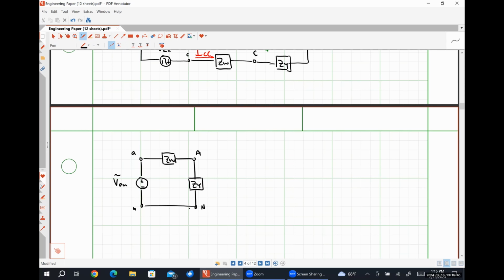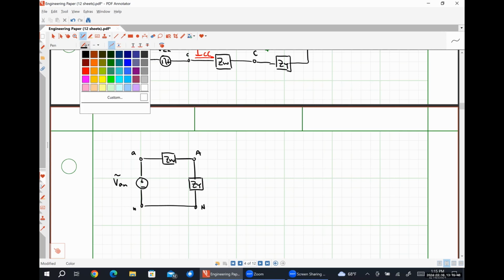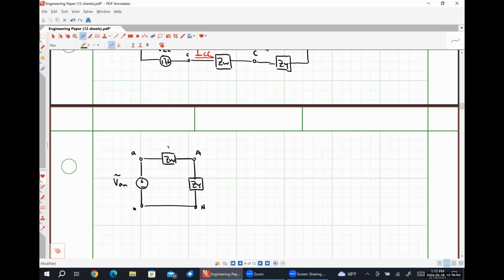ZW was given to us. ZY was given to us. VAN was not. So in order for us to figure out our line currents, it should be pretty obvious. Let me put the line current on here.